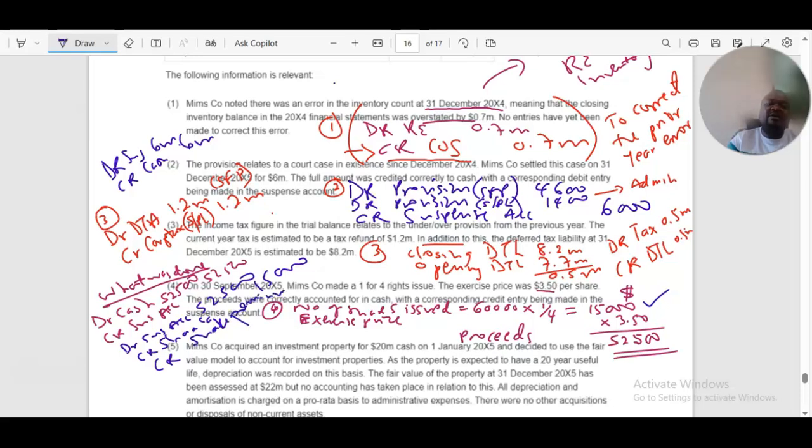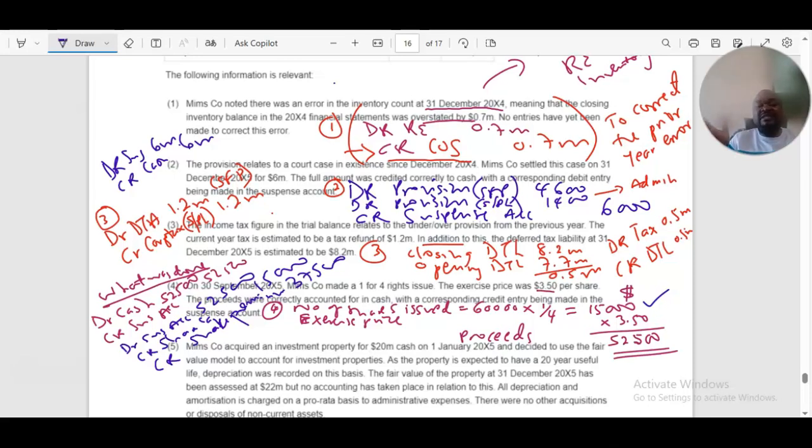What is the balance? 52,500 minus 15,000. How much is that? That's 37,500.